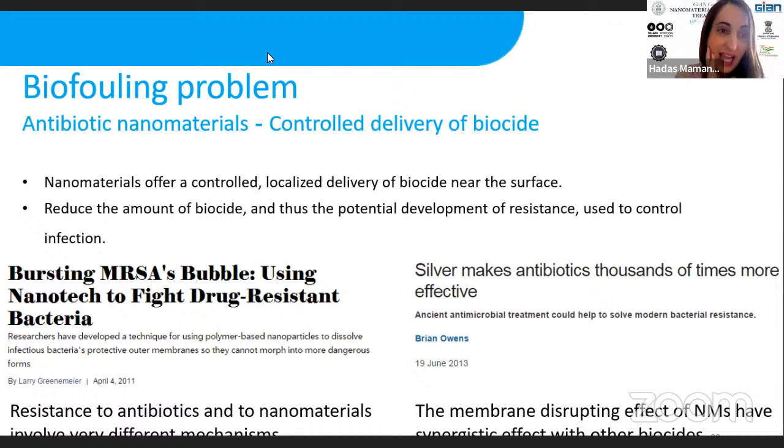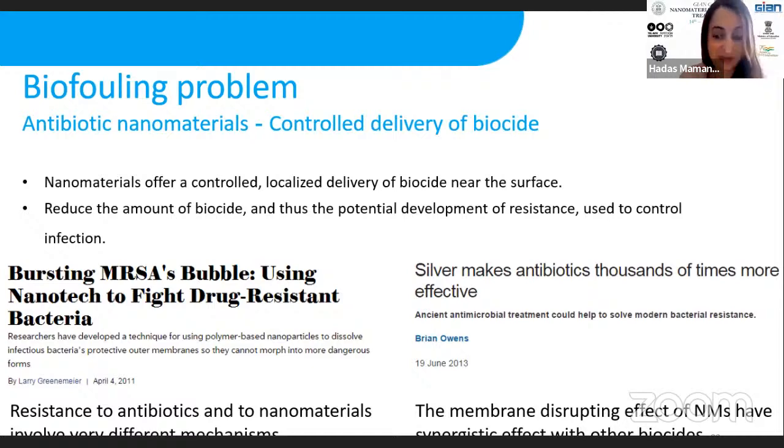So antibiotic nanomaterials with controlled delivery of biocide. This is a very important feature. For example, it was found in a study that silver makes antibiotics thousands of times more effective. So by inclusion of nanomaterials into the antibiotics, it specifically disrupted the membrane. And resistance to antibiotics and to nanomaterials may evolve over time.